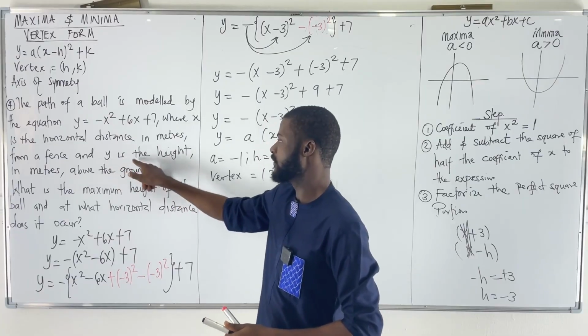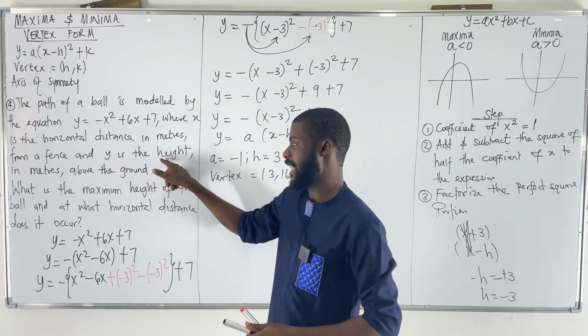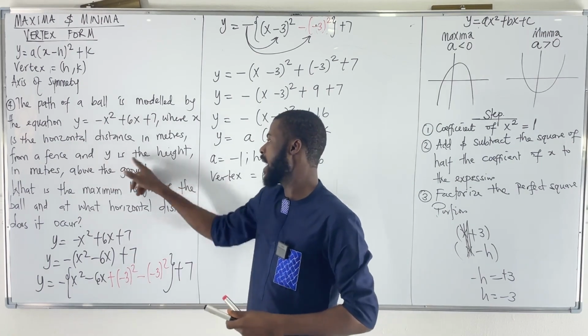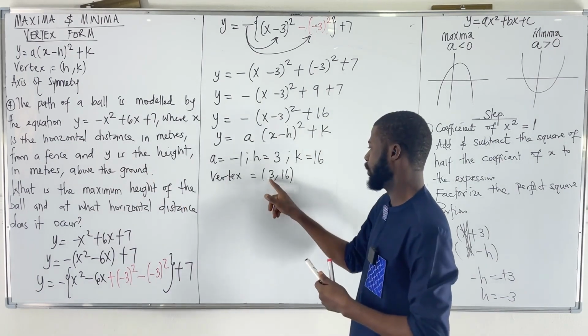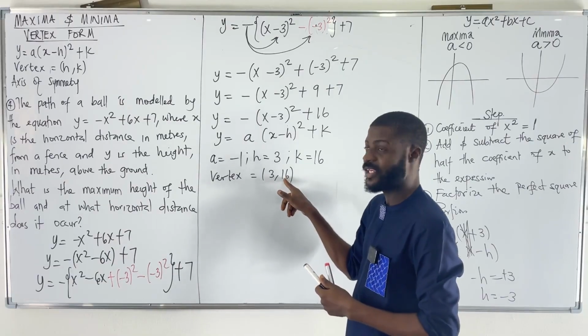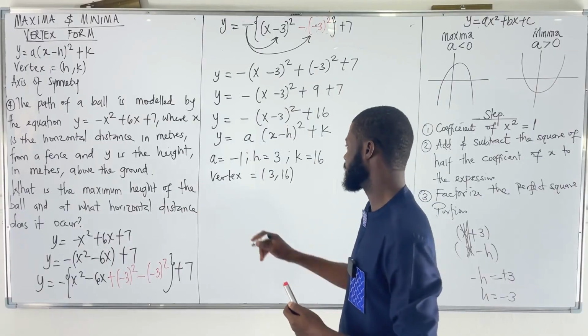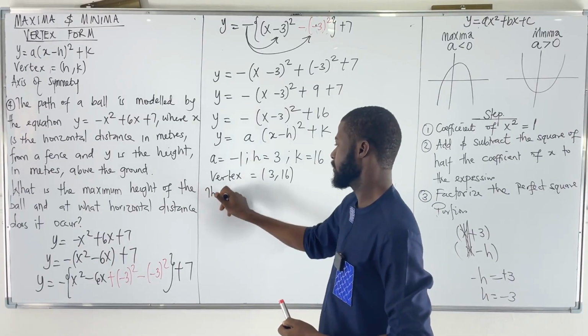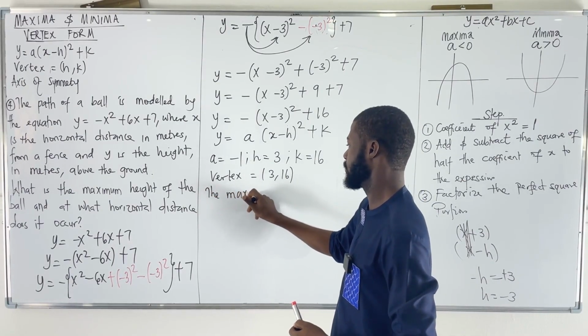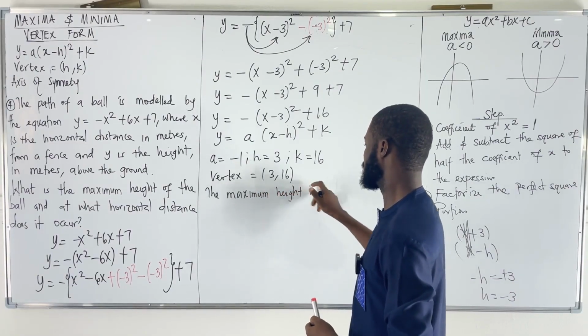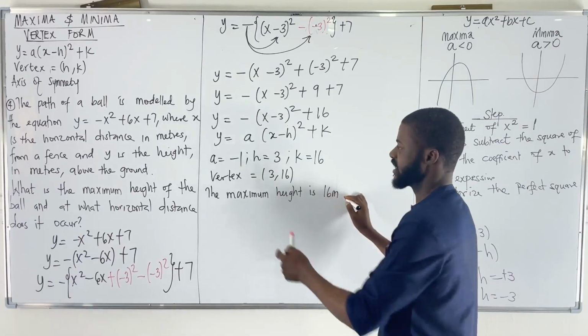Between x and y, which of them is the height? It is y that is the height. So our y is the height. Now compare these two. What is our y here? The y is 16, because s is 3. So you then say that the maximum height is 16 meters, because it's in terms of meters.